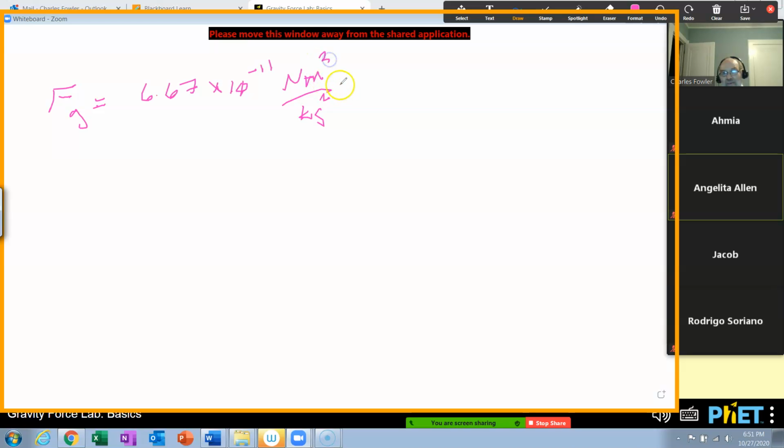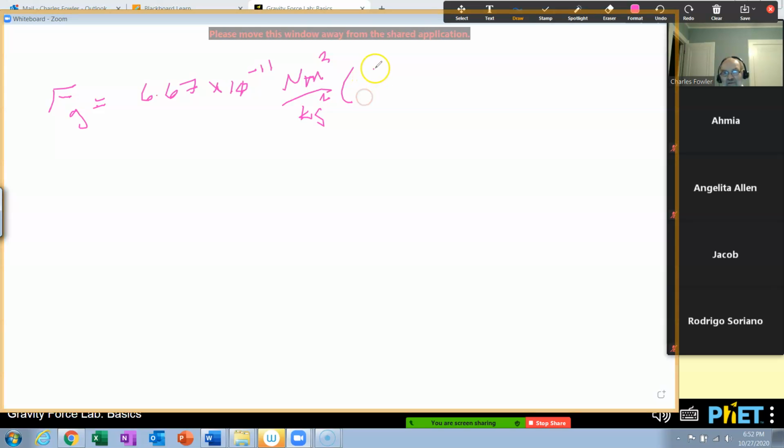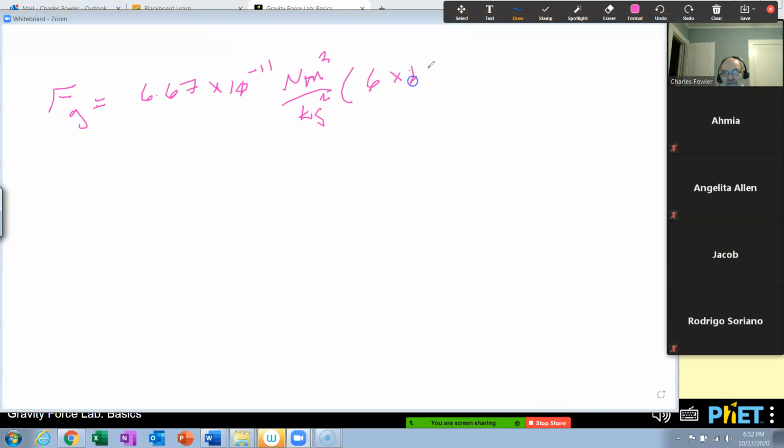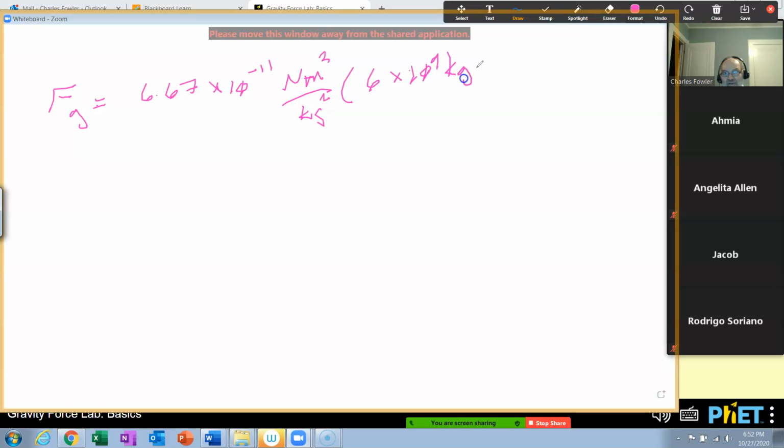Meter squared per kilogram squared times, now what are we up to now? 6? Yes. 6 times 10 to the 9th kilograms times, the first one is 5, right?